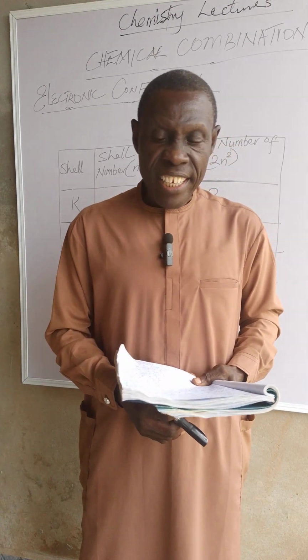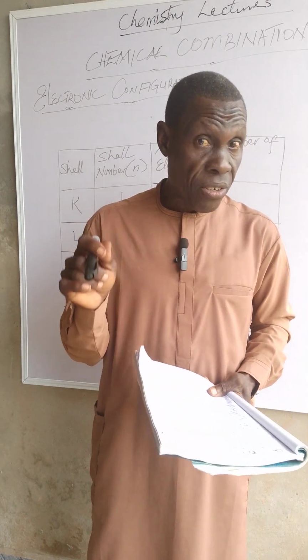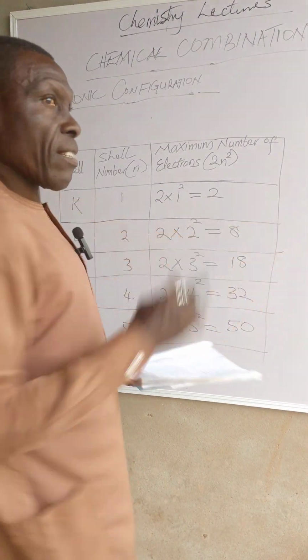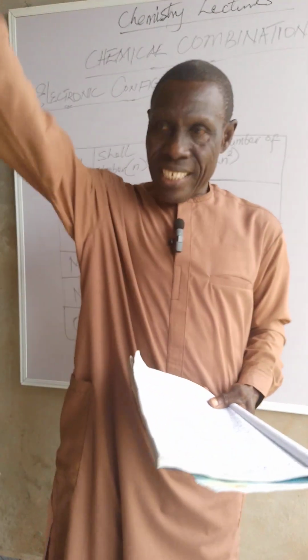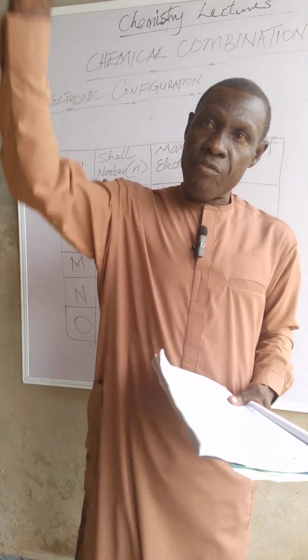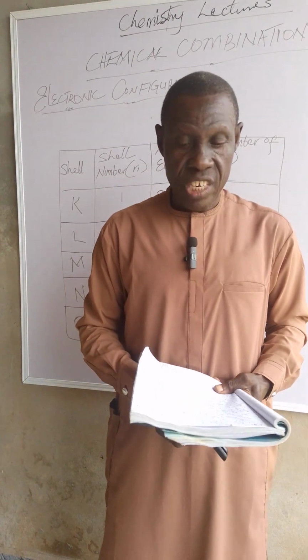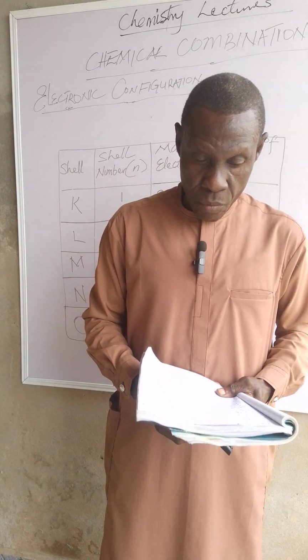Each horizontal row is called a period, horizontal, this way like this. While the vertical columns running from north to the south are called groups in the periodic table. I know this is not too new to you.